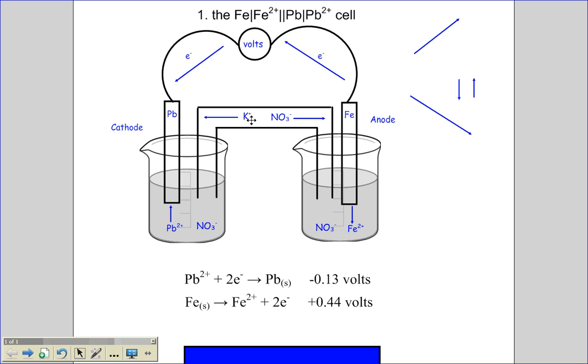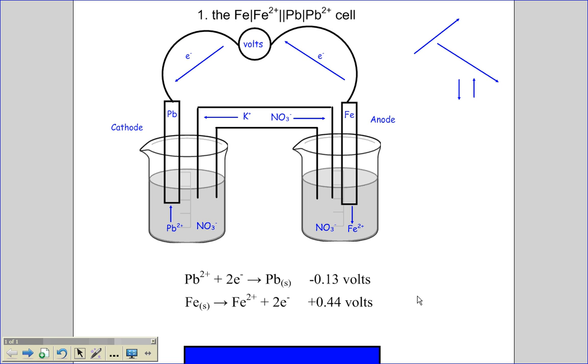So the reason that the positive ions in the salt bridge are flowing in this direction is because the positive lead ions are disappearing, and the potassium is positive and it's replacing this missing positive charge. I don't have any use for these arrows because they're not describing the direction that my stuff is flowing, so I can ignore them.